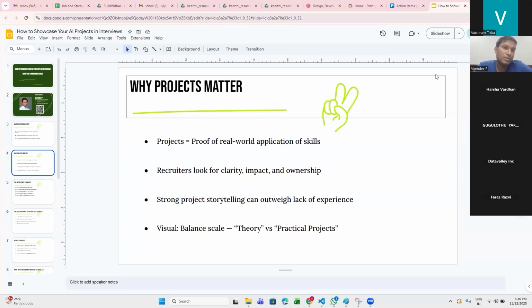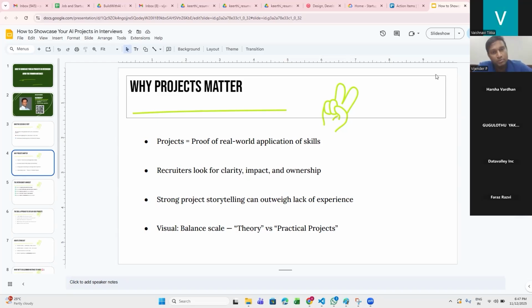The fact that you have done a project end to end, deployed it, and are showcasing it means that you have actually spent time understanding the problem you're solving. You spent time working with Claude or ChatGPT to write the code, test the code, deploy it, and then showcase it.